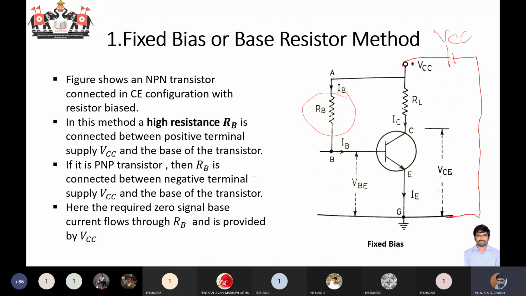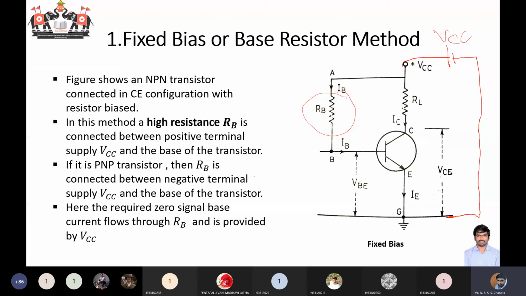Out of these two terminals, the positive terminal is connected to the base if it's an NPN transistor. In case you're taking a PNP transistor, you will connect the negative terminal to the base and the positive terminal to the ground. Why are we choosing such supplies?